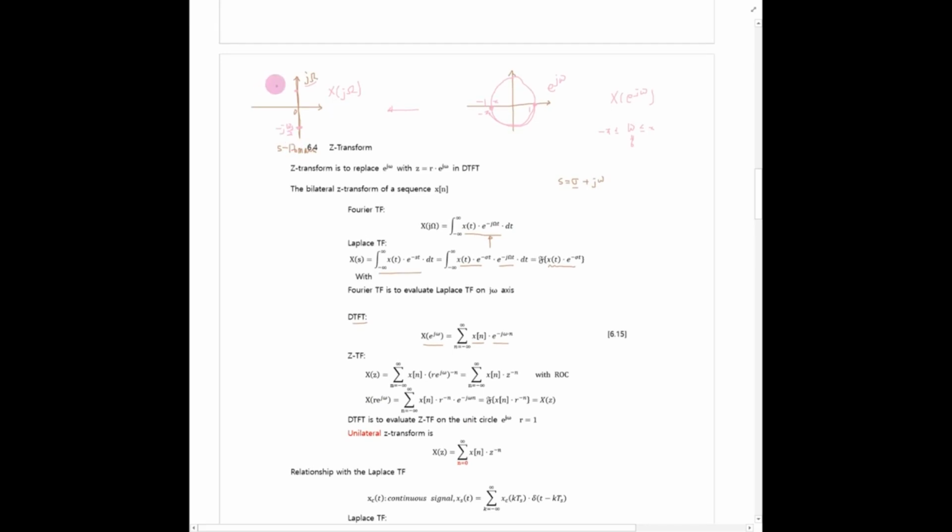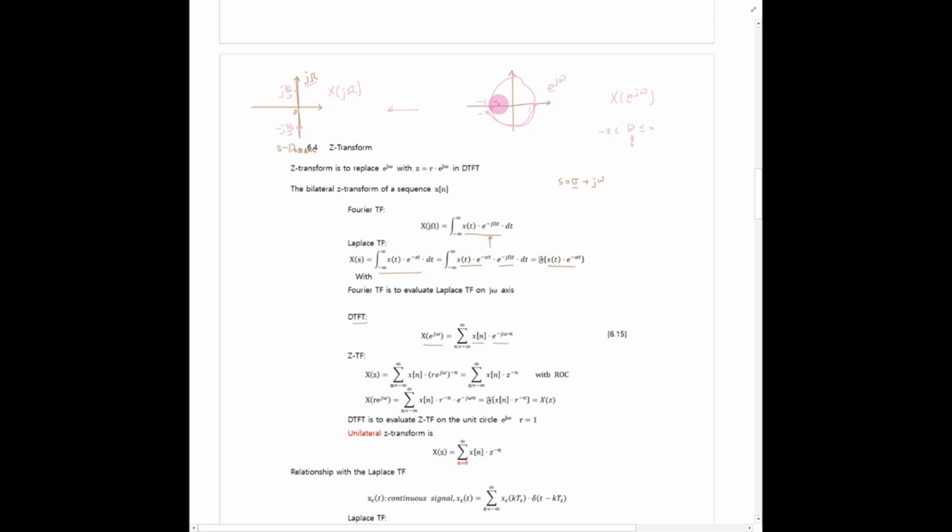So what about the corresponding point in the continuous domain? It's the sampling frequency: half of the sampling frequency, minus j omega s over 2. So that's the minus pi point. And j omega s over 2 is the other Nyquist frequency on the positive side.